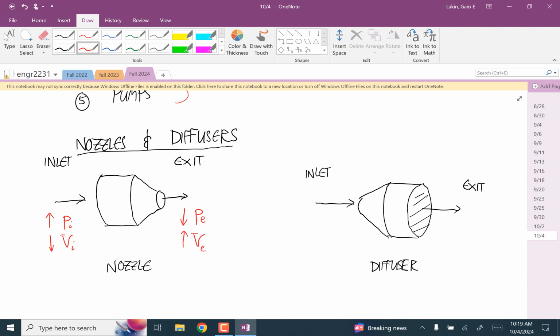And in this case, we have a high speed and a low pressure at the inlet, and a high pressure and a low speed at the exit.